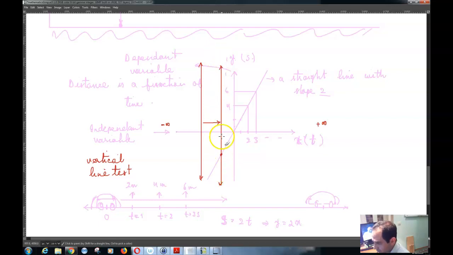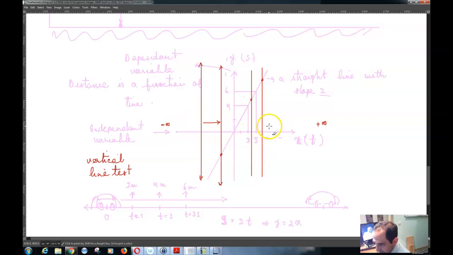At this point in time, it will be this point. At this point in time, it will be this point, and so on and so forth. And you cannot find even one moment in time where our vertical line goes through the graph of the function in two different points.